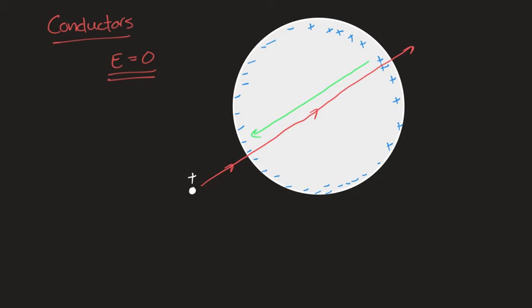In a conductor, it will always cancel out so that the electric field will be zero inside all conductors. It's unbelievable that this works, but it works no matter what. The only time it doesn't work is if you put a charge so big next to the conductor that the conductor breaks down. There's that many free moving charges inside a conductor, so all conductors have an electric field of zero inside.